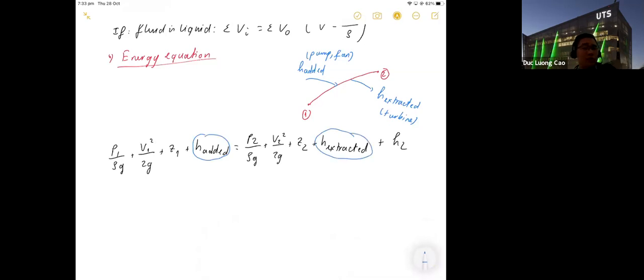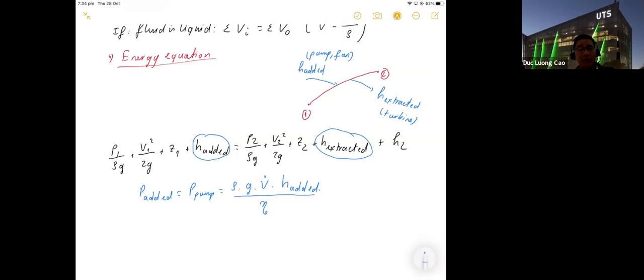And if you want to convert this to power, you will have P added, or for example P pump, if you have a pump, equal to rho g volume flow rate and H. This is the equation to convert from head to power. Or if you have the efficiency, this will be divided by the efficiency.